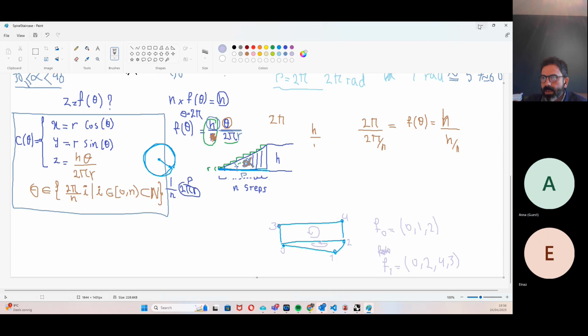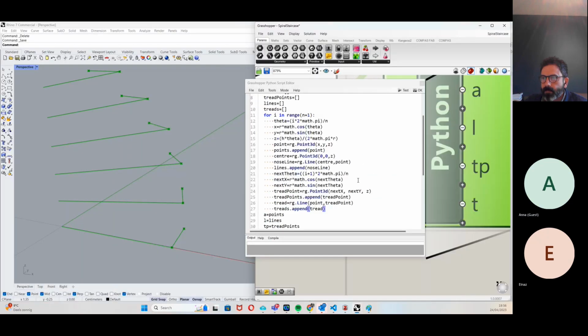So maybe I can... right now I have all the points that I need for the mesh. So I can create it as such. Mesh equals rg dot mesh.